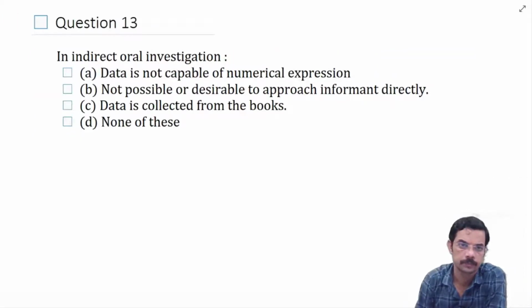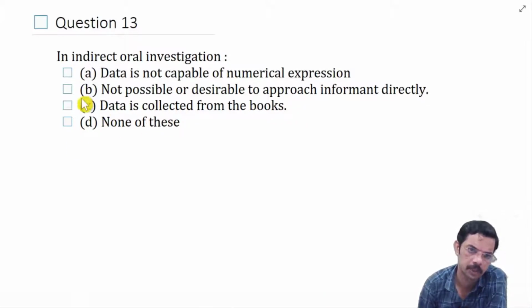The next question is question number 13. In indirect oral investigation, the data is not capable of numerical expression, not possible or desirable to approach the informant directly. Data is collected from books, or none of these. Which of the following options would be correct? We have studied in the previous video that when it is not possible or desirable to approach the informant directly, we would be using the indirect oral investigation.